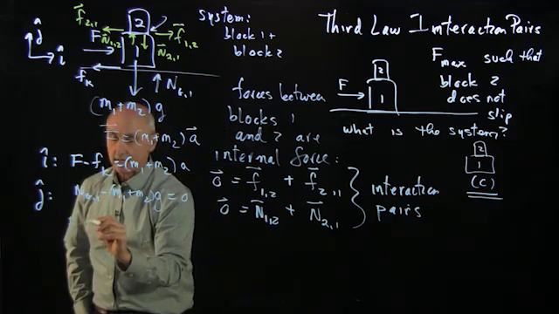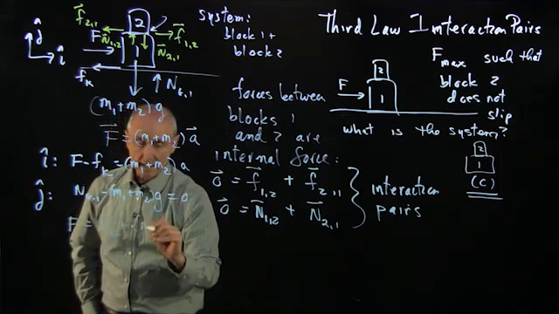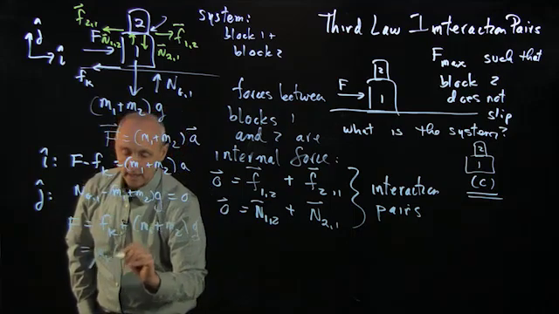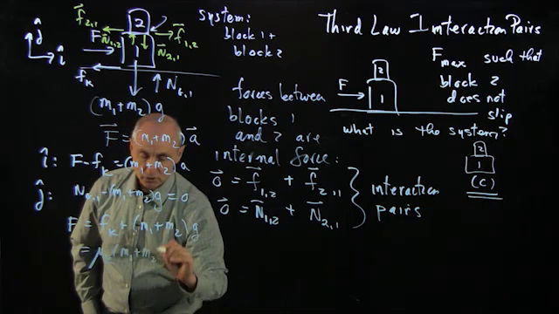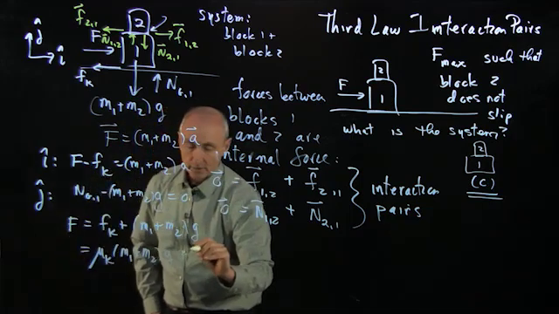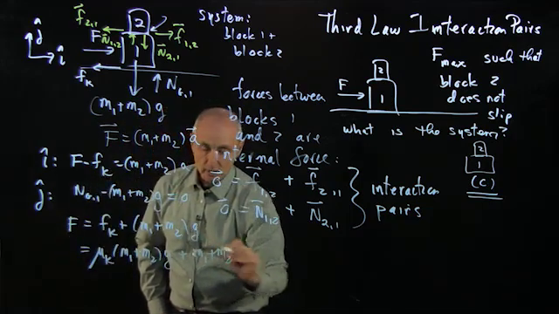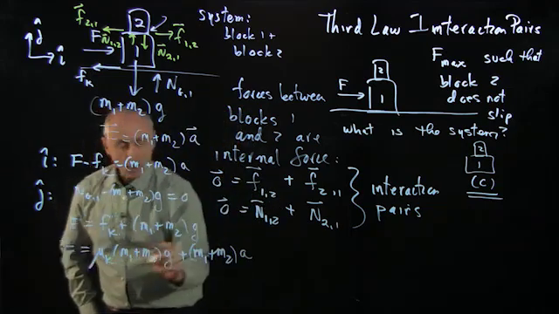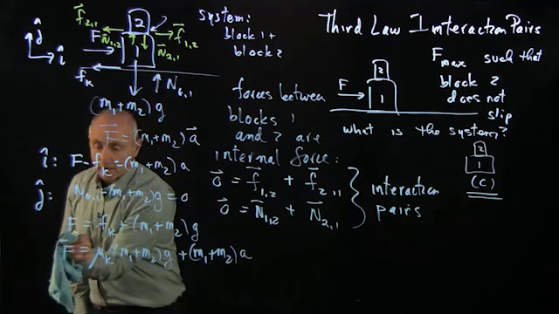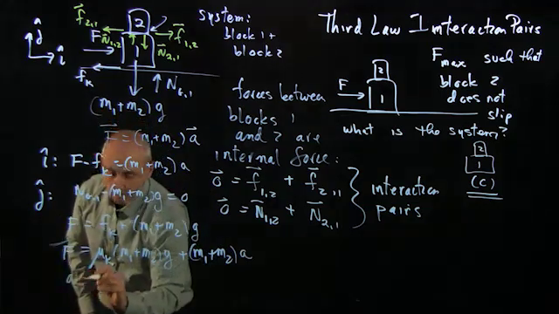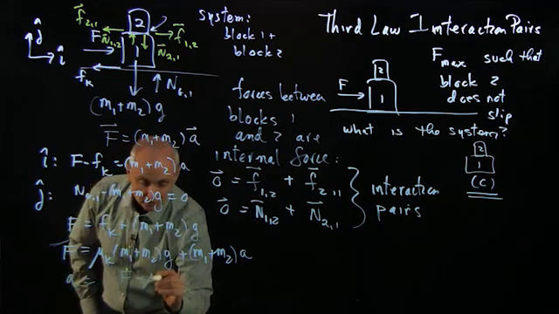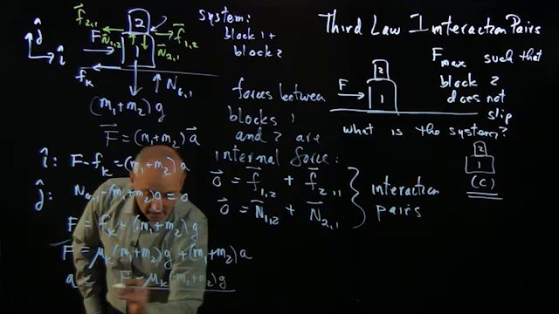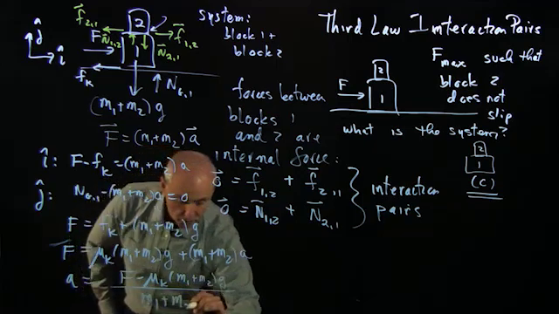Notice that F equals F k plus m1 plus m2 times a, and F k is mu k times m1 plus m2 times g. So the acceleration of the system depends on the force minus mu k m1 plus m2 g, divided by m1 plus m2.